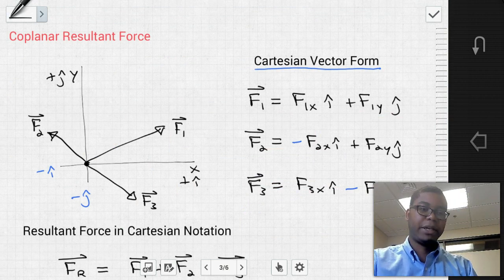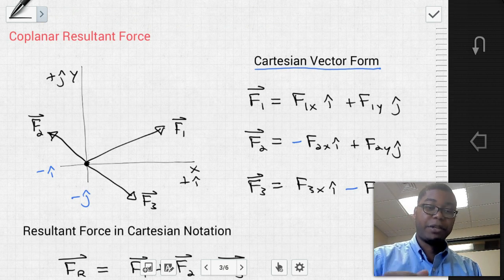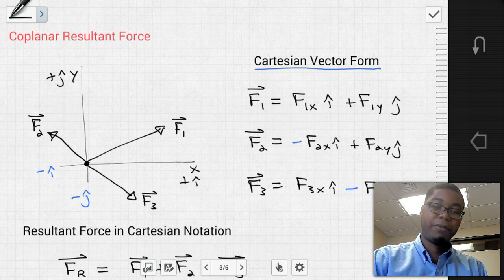So let's look at coplanar resultant forces. Say we're given some force vector F1. F1 is similar to the previous example that we did. The Cartesian vector form would be vector F1 is equal to F1x in the i direction plus F1y in the j direction. Say we're given a vector F2, and we see that this vector F2 has a negative i component.